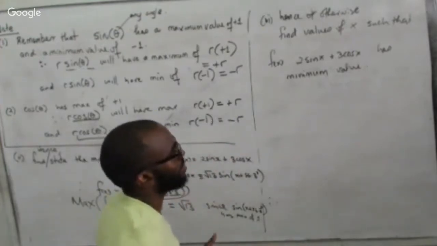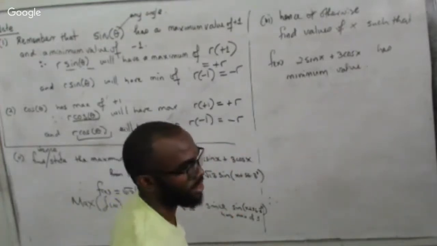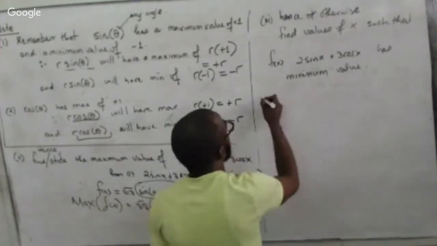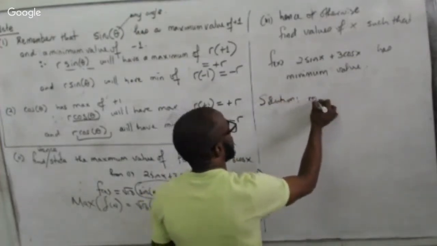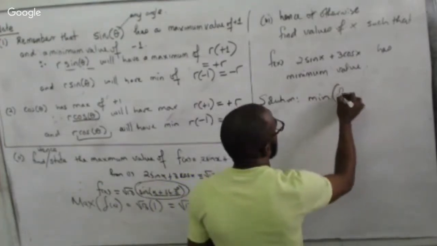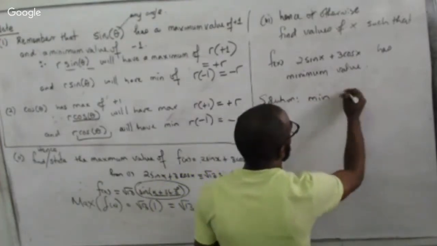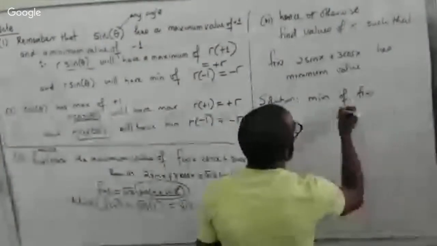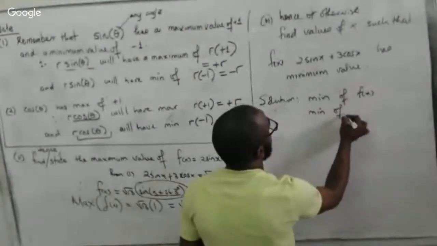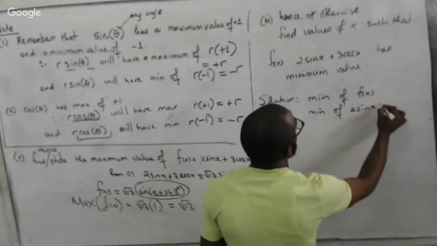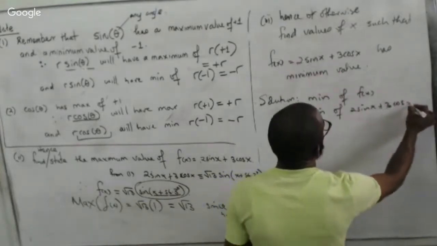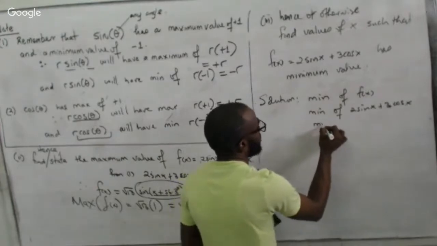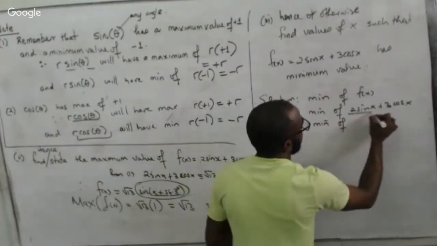So the first thing I need to say is, what's the minimum value of this thing? What's the minimum of my f of x in this case? It's the minimum of 2 sine of x plus 3 cosine of x, which is clearly the minimum of what can I write this as?